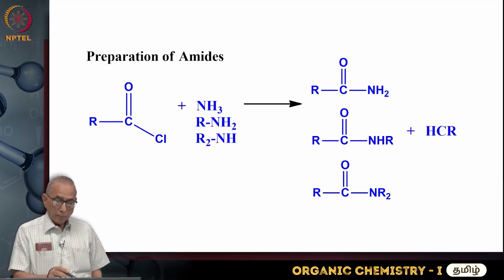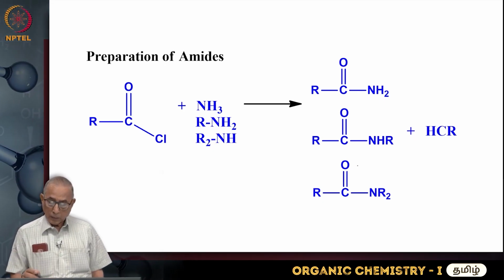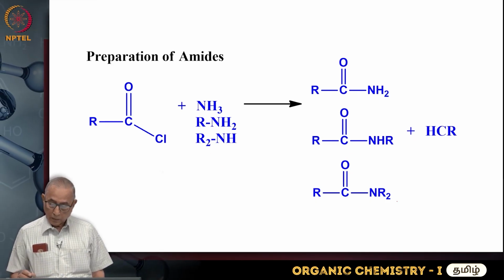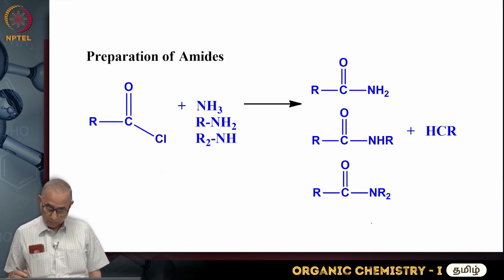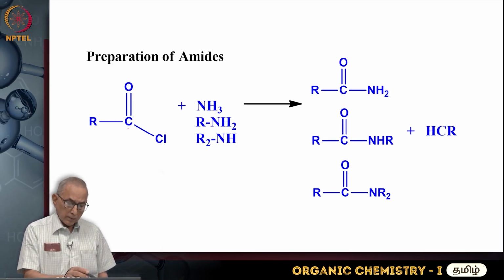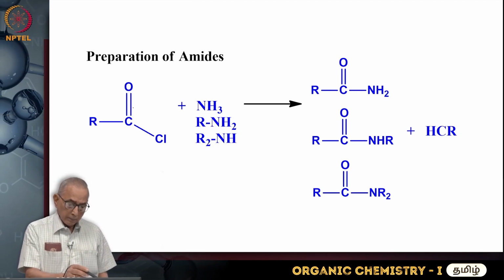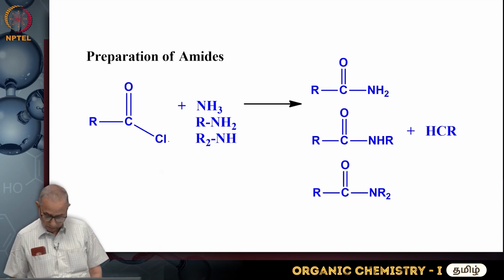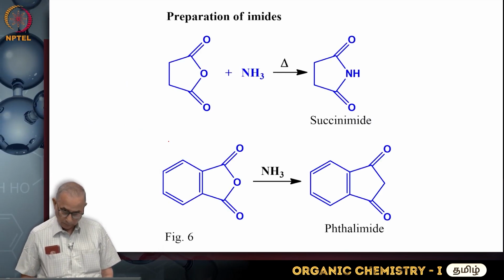The primary amine ஓட react பண்ணும்போது the secondary amide will be formed. R2NH react பண்ணும்போது the tertiary amide will be formed. A simple reaction where N attacks the carbon, forms O minus, that comes back and removes the chlorine. Just like we have seen in alkaline hydrolysis, it is the same mechanism.